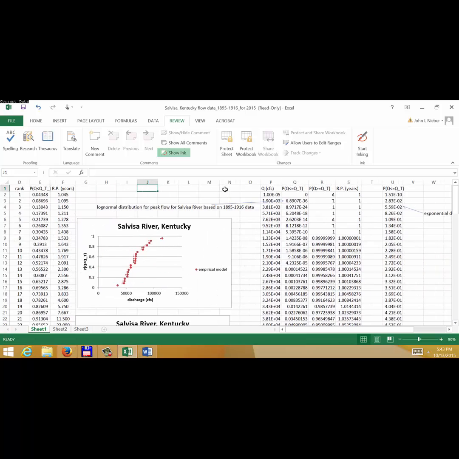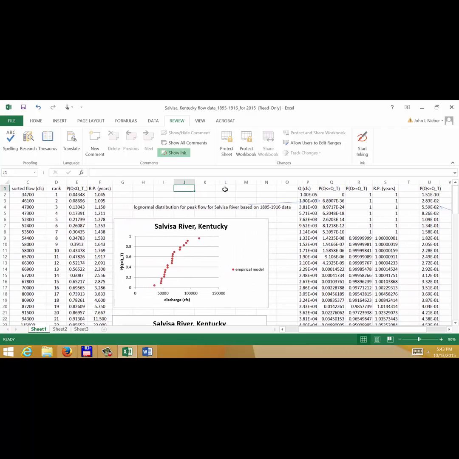So what I'm going to do is show you how to derive the theoretical values that will then plot on top of a graph like the one that's shown here. To plot the theoretical graph, we create a column with a set of values of discharge, and we can let that cover quite a range, maybe even larger than the range of the actual data.